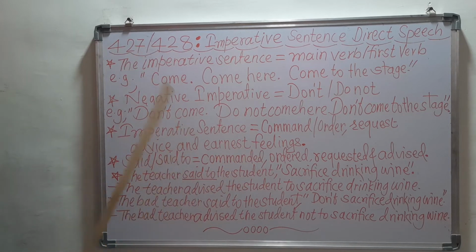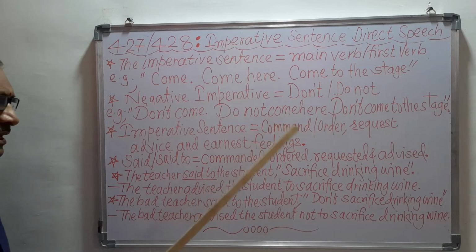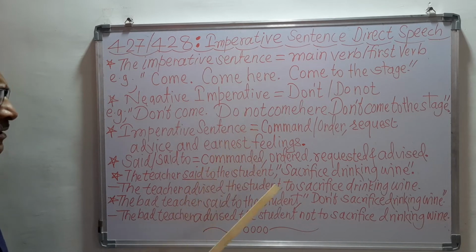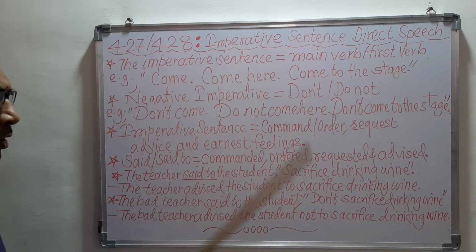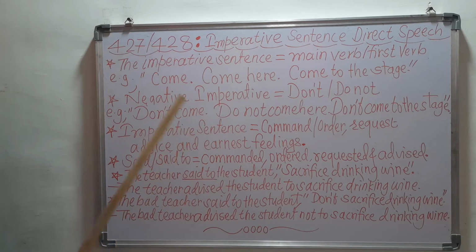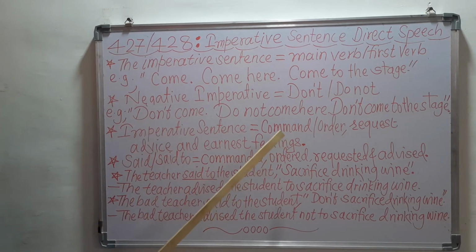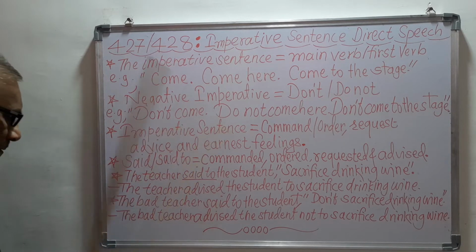It means that in every imperative sentence there is a sense of command, or the speaker makes an order, or a request, or advice, or expresses earnest feelings. So these are the particular senses which are available in imperative sentences.